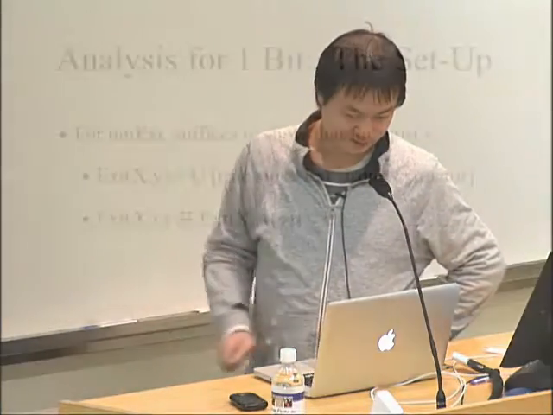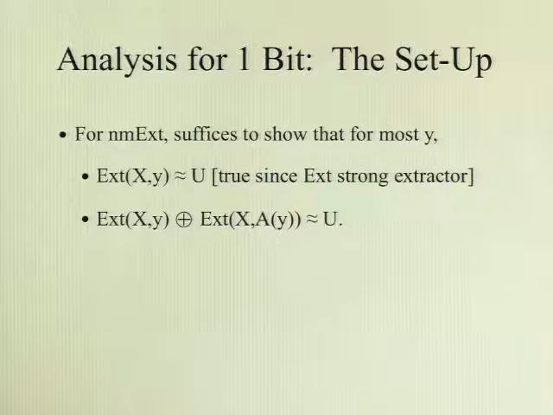I'm not going to go into the details of this, but this has already been proved in this old paper by Lee and Gojek that this is a strong extractor. So the main part we need to prove is, for the 1 bit case, that the XOR of these two things is still close to uniform. That means that this output is somehow uncorrelated with the original output.